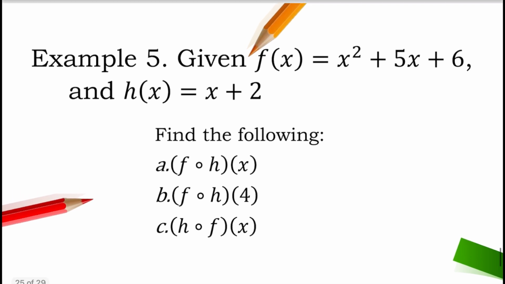Example number 5. Given f(x) = x squared + 5x + 6 and h(x) = x + 2. Find the following: A. (f∘h)(x), B. (f∘h)(4), and C. (h∘f)(x).